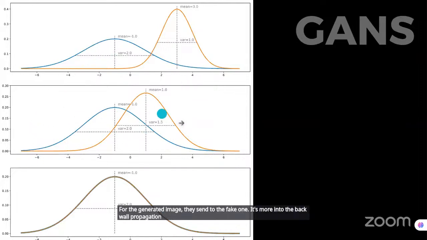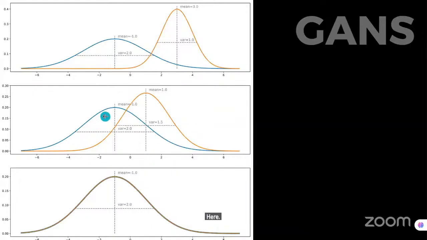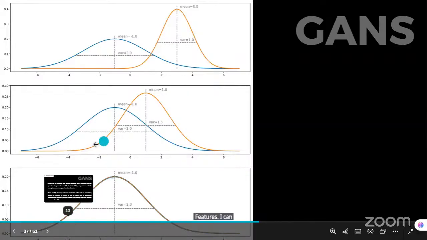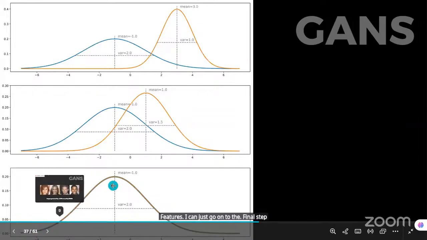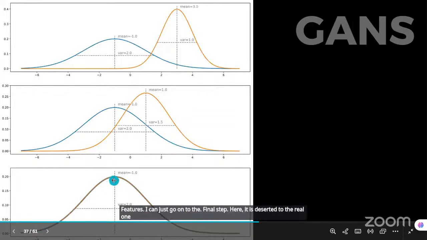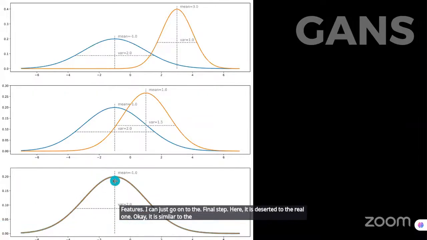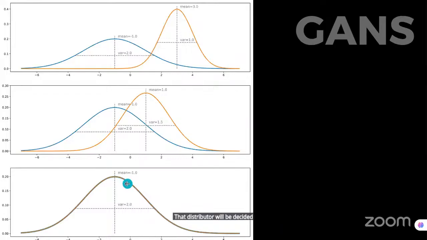Again it gets additional features one more time. Now it is nearly a real one, but it is still missing some features, so it goes on to the final step. Here it is decided to be the real one. It is similar to the real image, so the discriminator decides both are real.